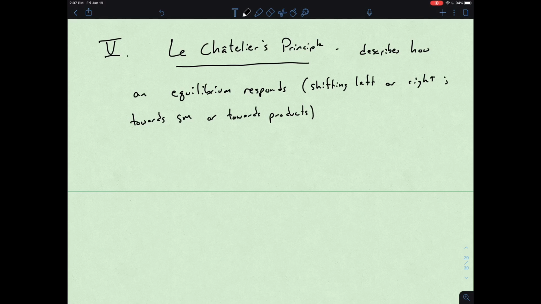So it's how it responds when basically conditions of the reaction are altered.